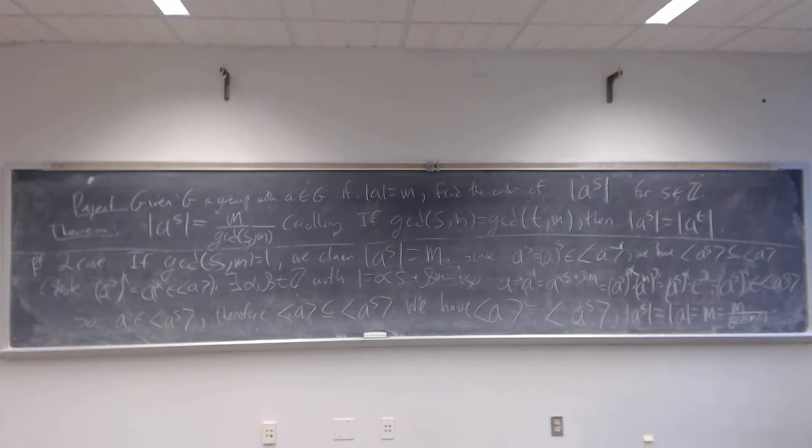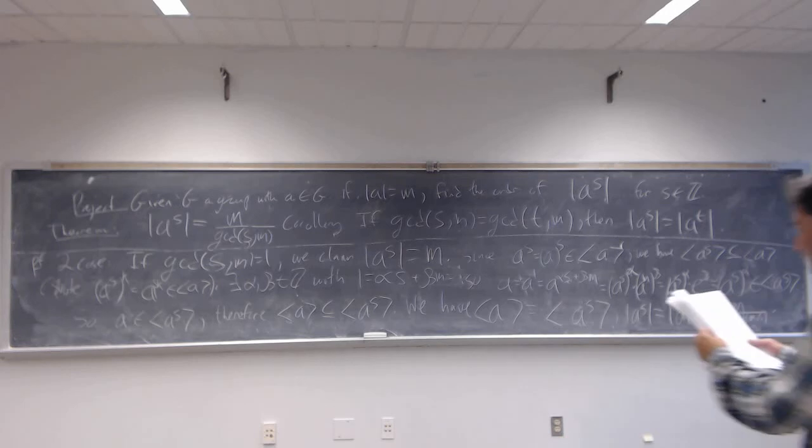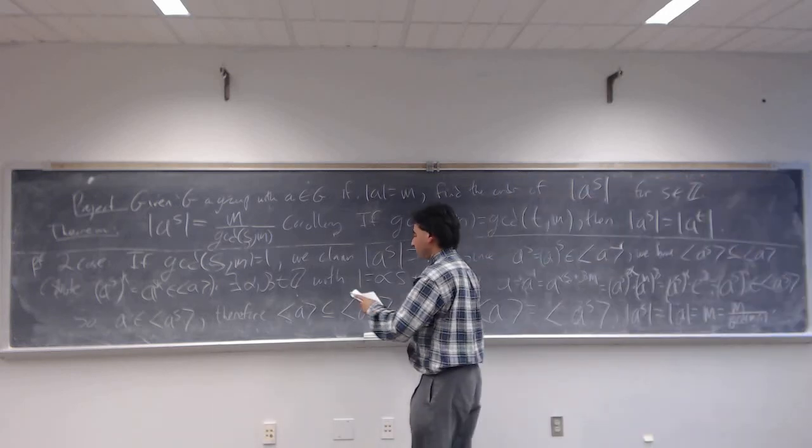So that proves the theorem in the case of the greatest common divisor of S and M being equal to 1. So what happens in the other case when it's not 1, when it's some positive number?